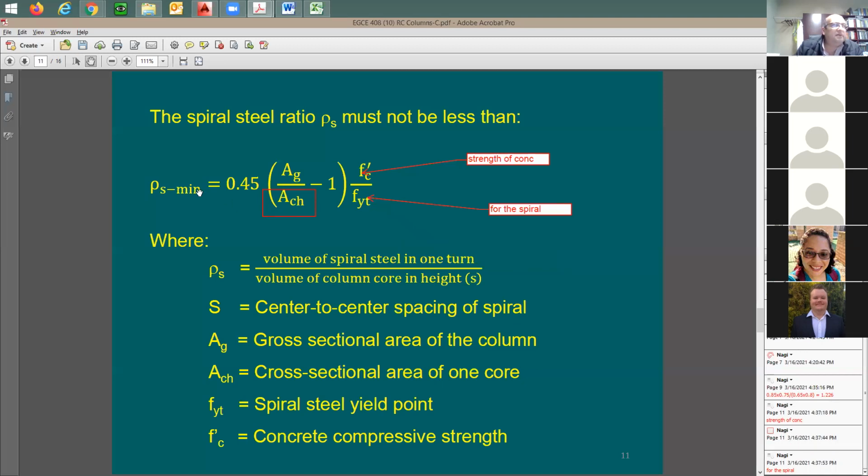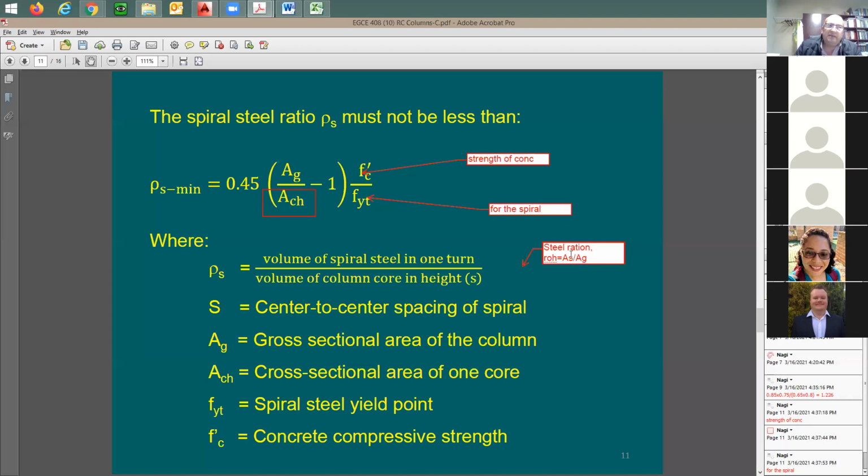I understand the steel ratio is going to be equal to cross-section area of the steel divided by cross-section area of the concrete. Definition of a steel ratio, which we usually call rho, equals AS divided by AG. This is usually the steel ratio.